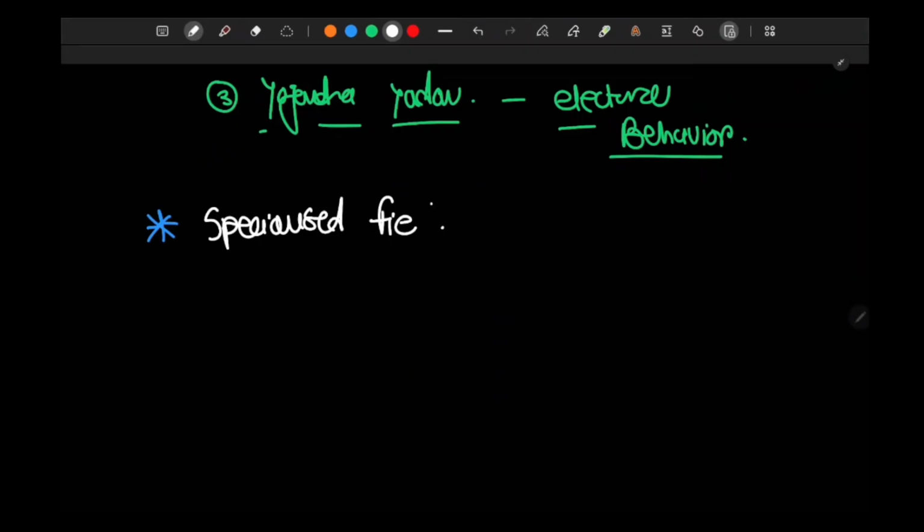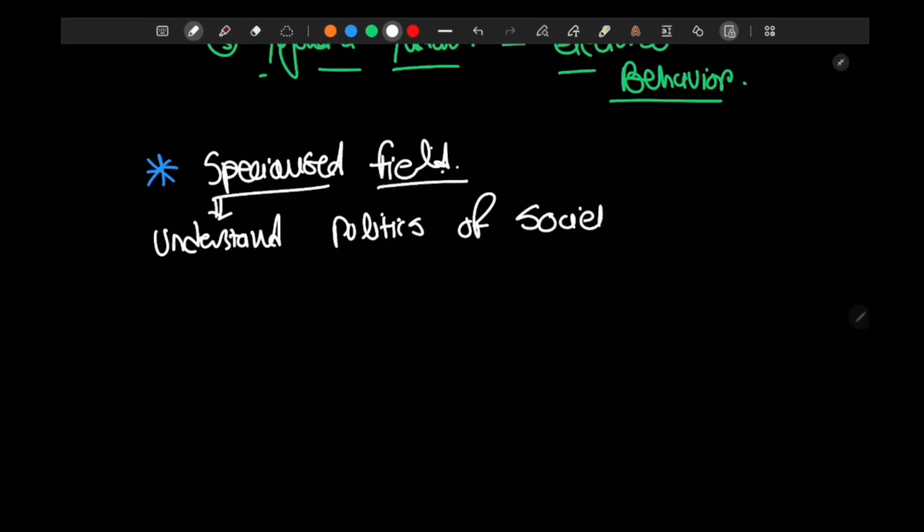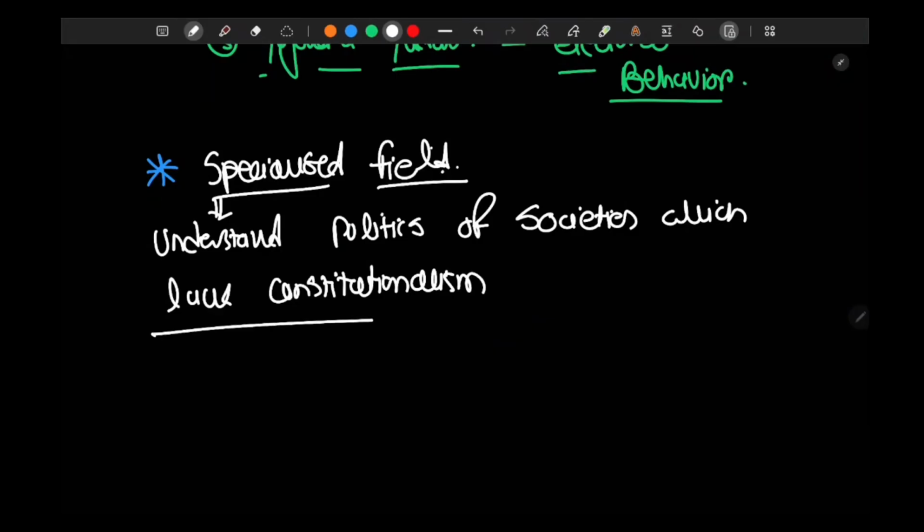It is used to understand the politics of societies which lack constitutionalism, right? This is a very simple line, but it has a deep meaning behind it.